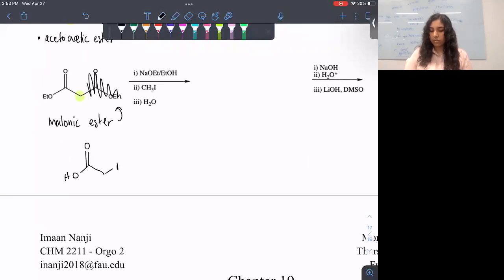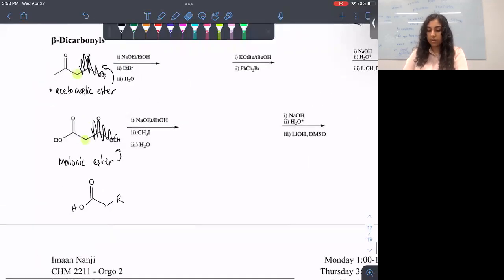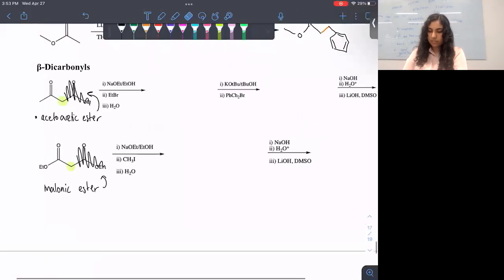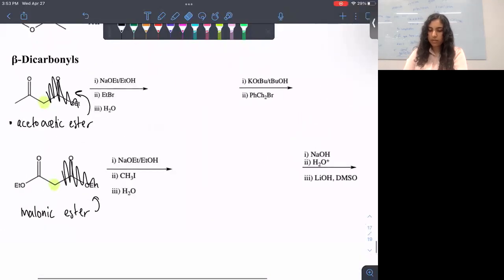It's important to keep in mind that with the acetoacetic ester, you end with a substituted ketone. If you're starting with malonic ester, you end with a substituted carboxylic acid. But let's just take it step by step.